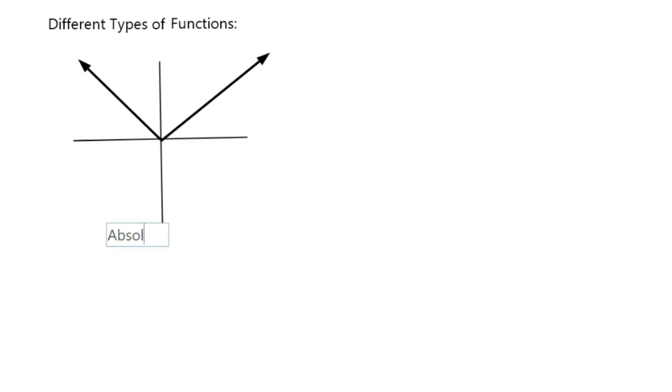Para siyang linear function pero straight and wala siya sa baba. So ang absolute value function is just y equals absolute value ng x. Mga hindi nakakaalam, ang absolute value is always positive. Kung may negative x value ka dyan sa loob, like negative 1, and kinuha mo yung absolute value niya, it will become positive.